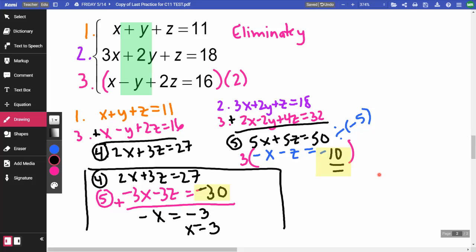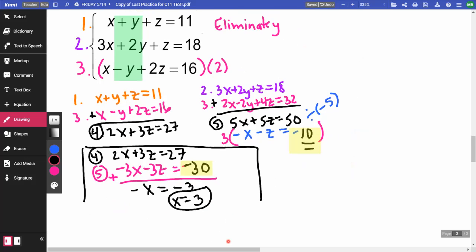So x is equal to 3. So that was a mistake I made, sorry. So again, I divided by a -5 here. So I got a -x, divided this by a -5, got a -z, divided this by a -5, and I ended up with now a -10. Okay, so sorry about that.